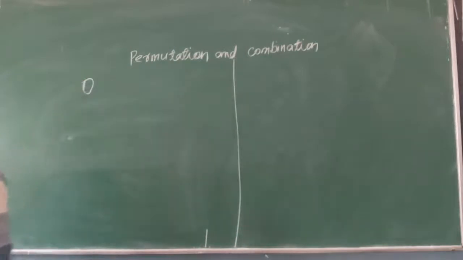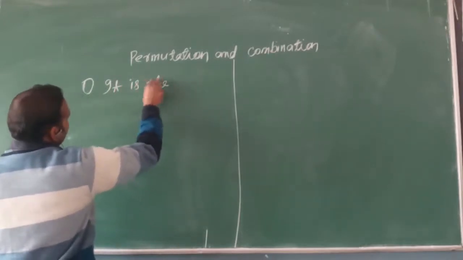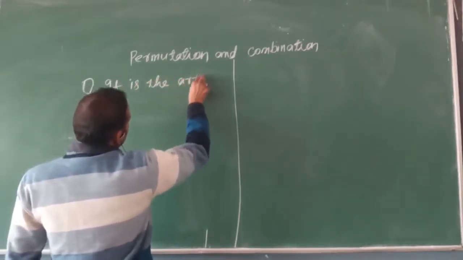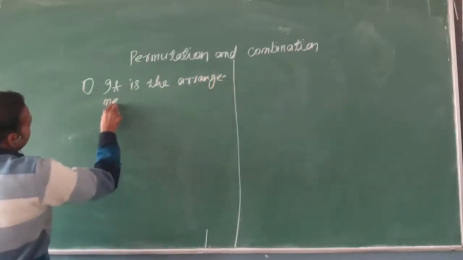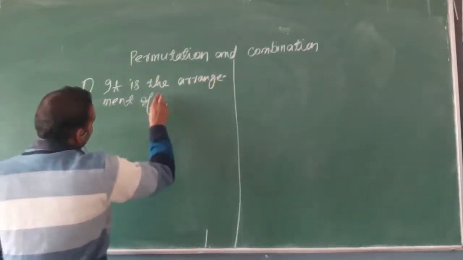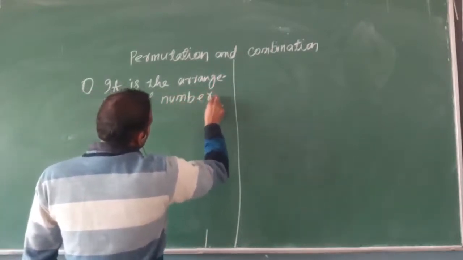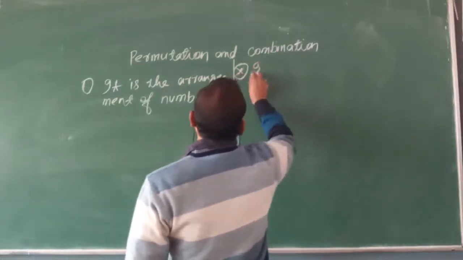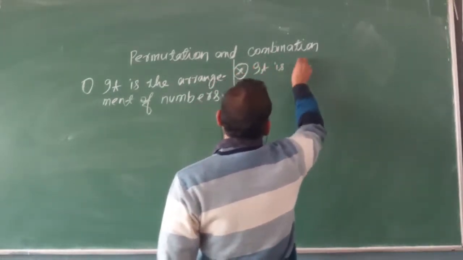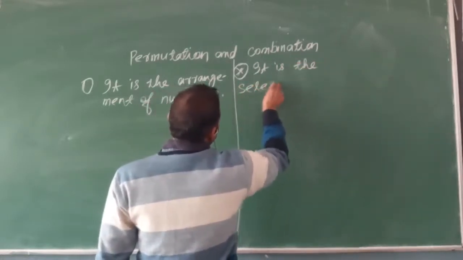The first one is permutation. It is the arrangement of numbers. And combination is the selection of numbers.